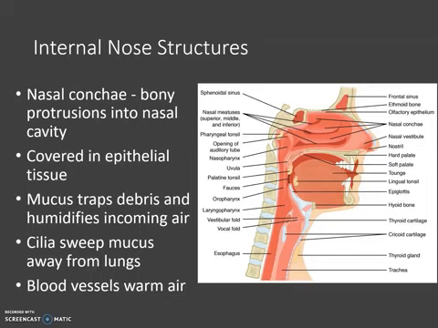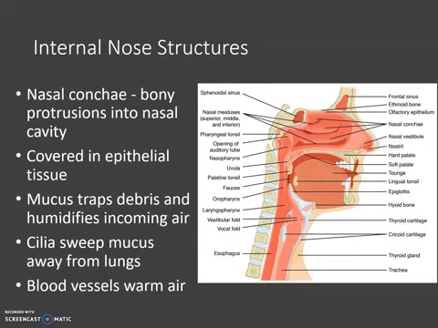And the nasal conchae help to increase surface area so that there's more contact between the air and the mucous membrane. That mucus also helps to humidify incoming air. That means it adds moisture to the air, and that makes it easier for the air to not dry out the structures further down in the pathway.